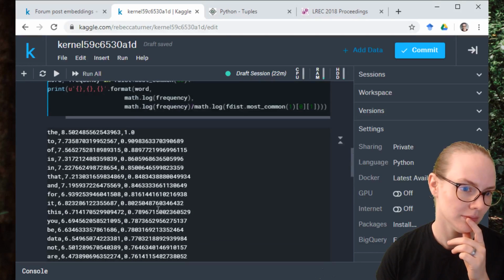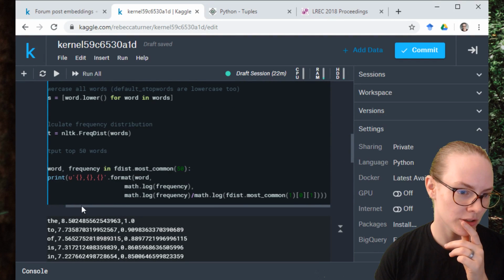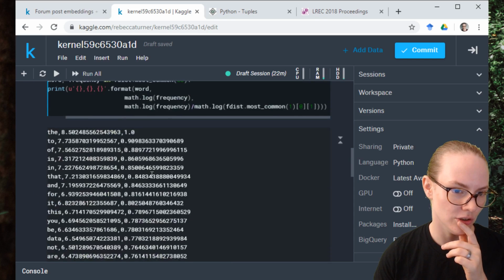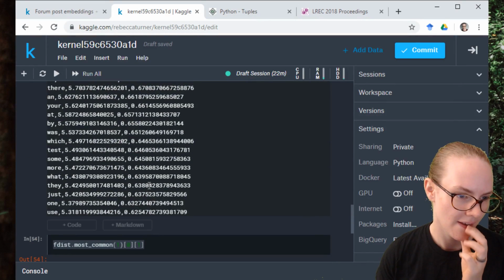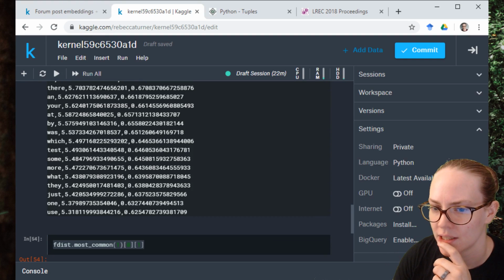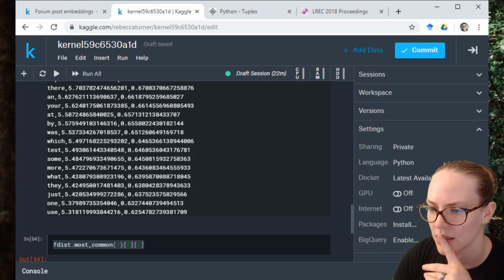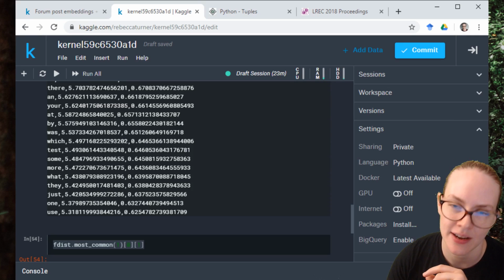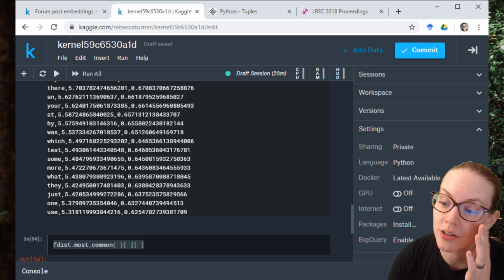All right, so what I'm going to do is I'm going to write this into a CSV, I think. Actually, I'm trying to think if I need to do this on the whole corpus or only on some of it.